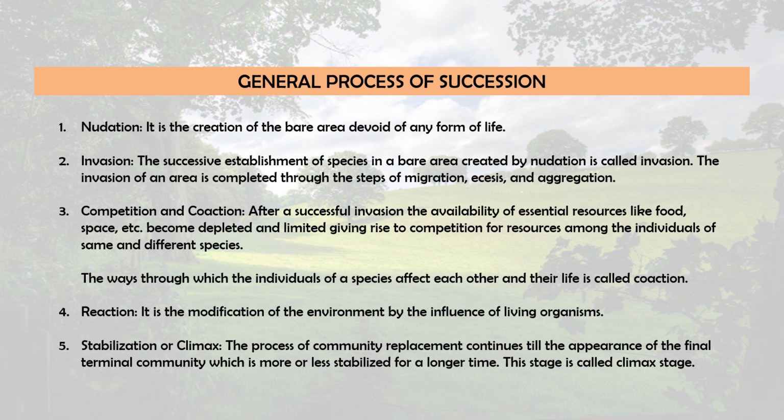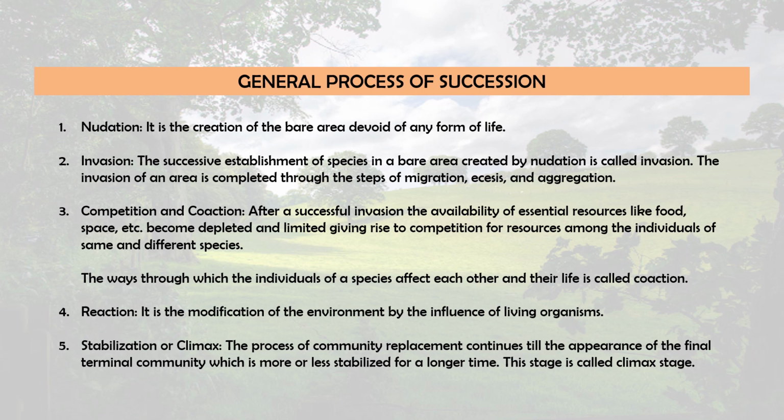Migration in the case of plants is through dispersal of their spores, and in the case of animals they migrate from one place to another for food, shelter, etc. Migration brings about the birth of a community in the area. Then comes ecesis and aggregation.